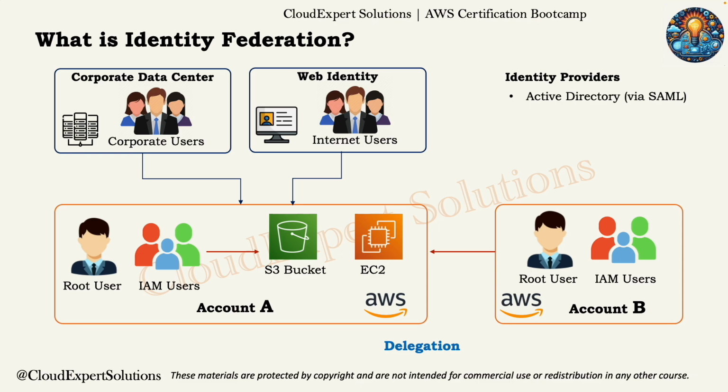And the application users can register via identity providers like Azure AD, Okta, Google, or any OIDC compatible identity provider, or OAuth 2.0 compatible providers like Facebook, Amazon, and all. When AWS access is granted to external users via an external identity provider, it's called federation.